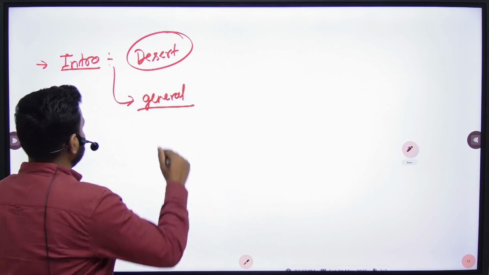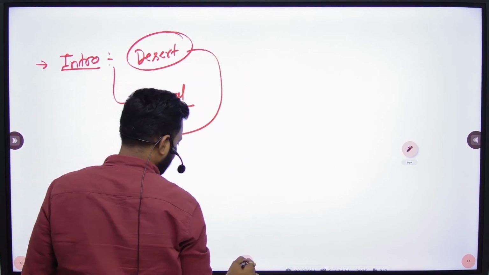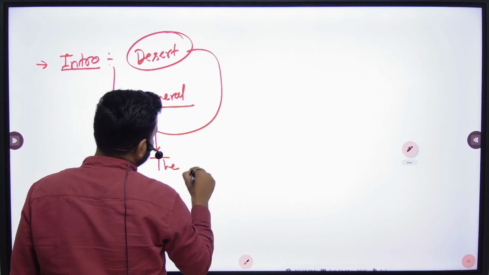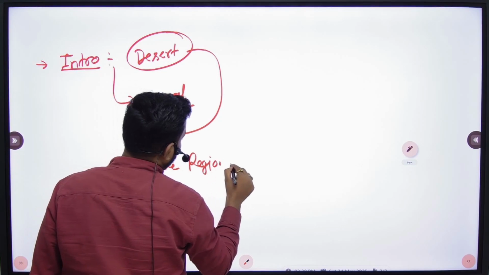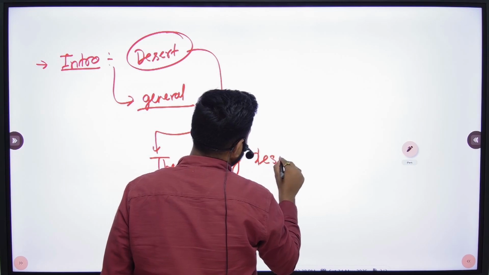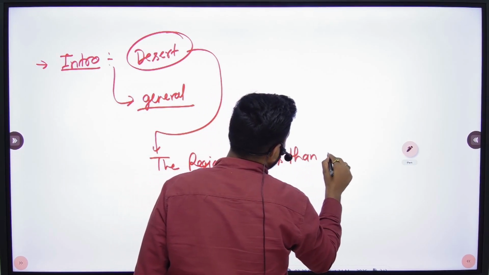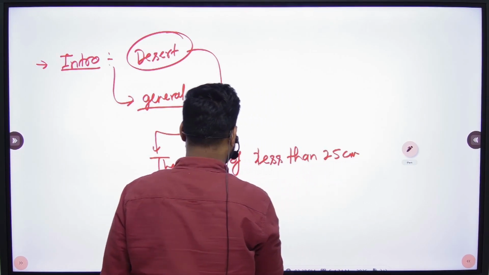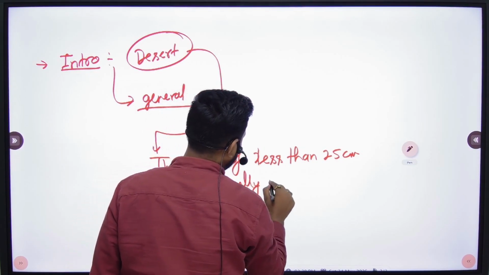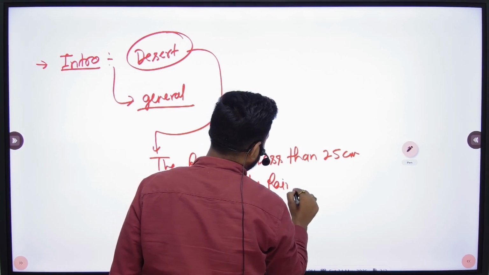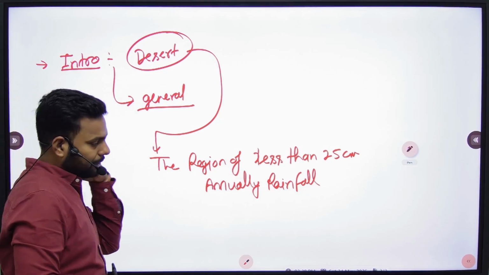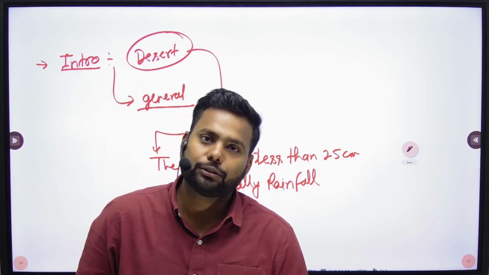So starting from this point of view, deserts are the regions of less than 25 centimeter annual rainfall. The area which receives less than 25 centimeter of annual rainfall, that area is called desert.